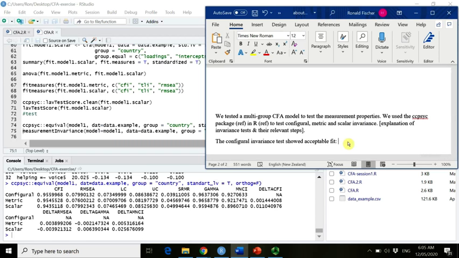So we need the chi-square, and we don't have it yet. The CFI is there. The CFI is 0.96. Ideally we would want to have the TLI as well. We don't have that here.